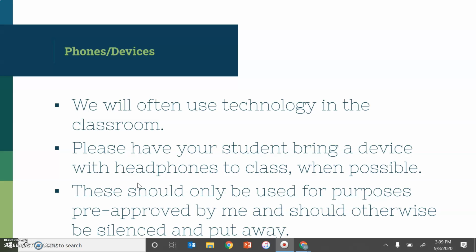But the phones and all the devices should only be used for pre-approved purposes. Those AirPods that are really easy to hide underneath the hair should not become a distraction, and it should not interfere with your child's education. So please help me in making sure that they keep those away in the middle of lessons.